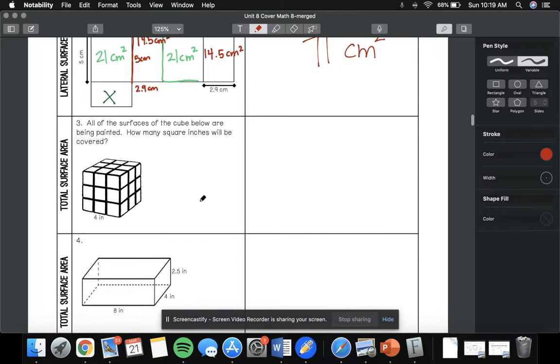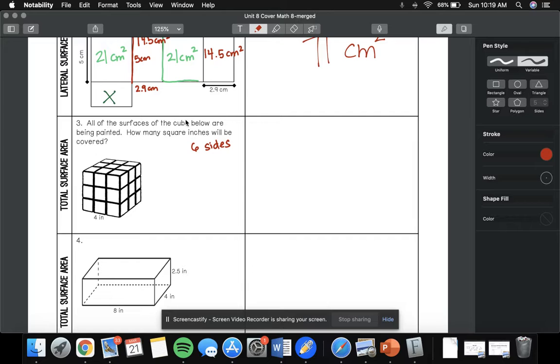All right. Now we're going to find the total surface area of this one, which means all 6 sides. All right. All of the surfaces of the cube below are painted. How many square inches will be covered? So we're talking about it's being painted, so we're thinking about area. So we're trying to figure out how much total area it is.